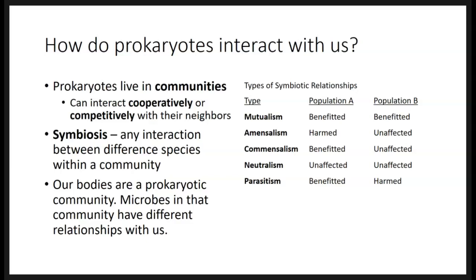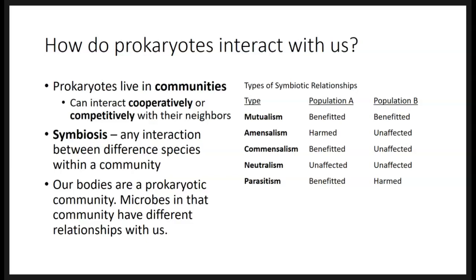Those relationships can include mutualism, where those microbes might be benefited but also give some benefit to us in living in or on us. We can have relationships called amensalism, where one organism is unaffected and another organism is harmed in the relationship. Commensal relationships are when one organism is unaffected by the relationship and another organism is benefited.